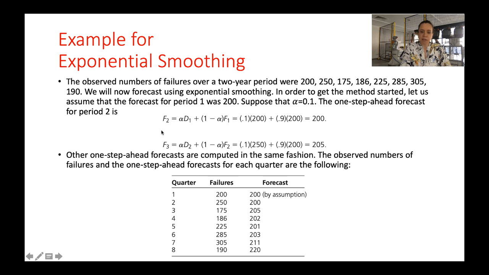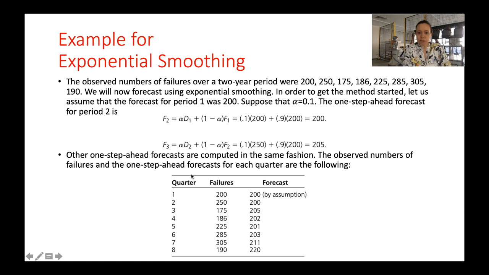Okay, we are at quarter 1 and we want to forecast the number of failures for quarter 2. Here is the formulation. We multiply the last observation, which is 200, with the alpha value, plus 1 minus alpha multiplied with the last forecast, and we obtain the value 200 as the number of failures for the next quarter as our forecast.